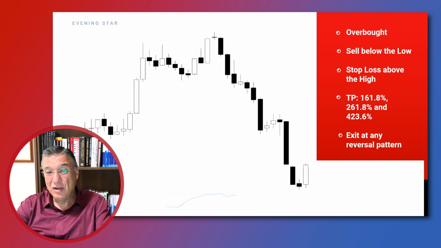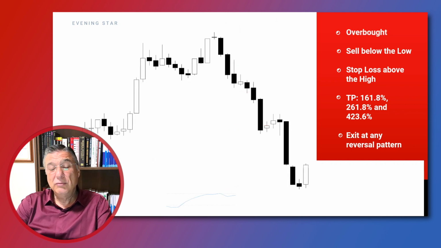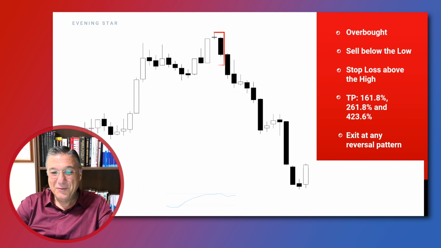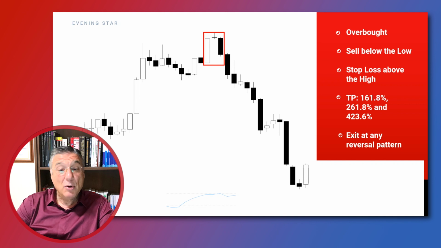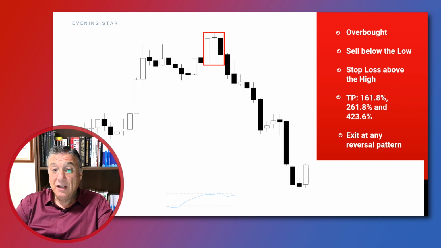Another variation. Now we are going to employ our favorite oscillator, and we're going to identify the evening star at the top of the uptrend. Then we take a look at our RSI, and we see that it happens to be in the overbought zone, alerting for a possible reversal to the downside.